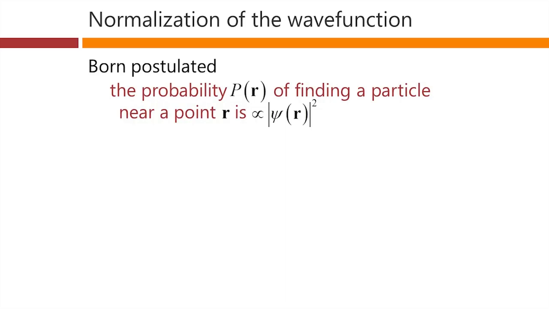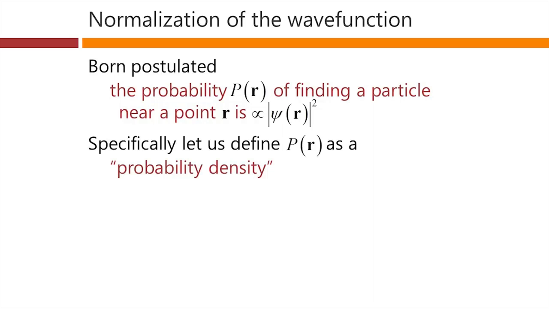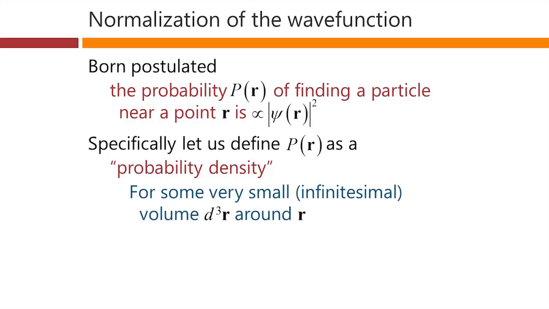As we've already said, Born postulated that probabilities, such as the probability of finding a particle near some point r, would be proportional to the modulus squared of the wave function. That was his postulate, and this postulate runs through all of quantum mechanics, by the way. Specifically, we could define P of r here as what we might call a probability density.